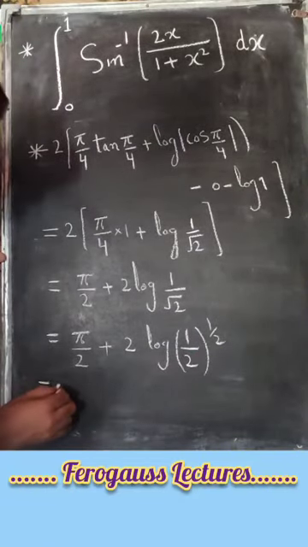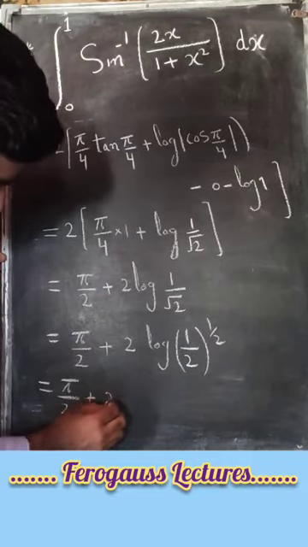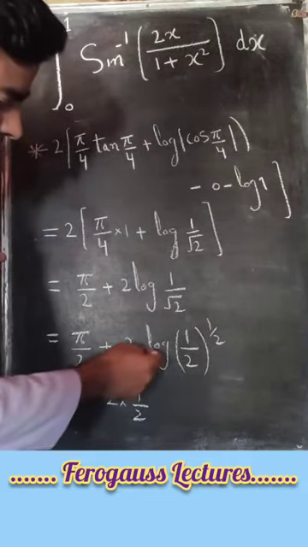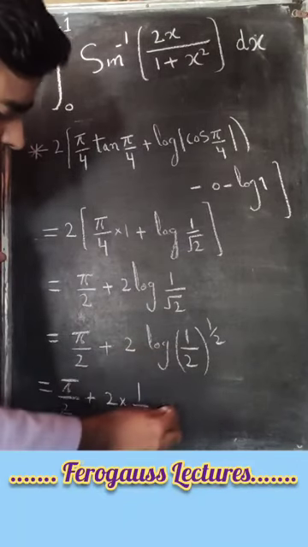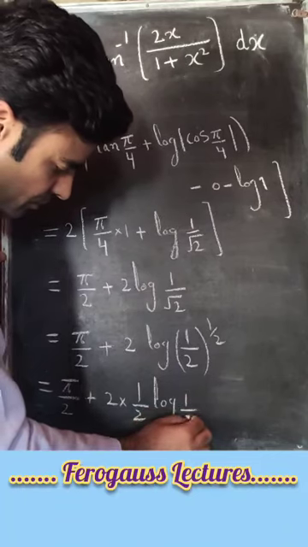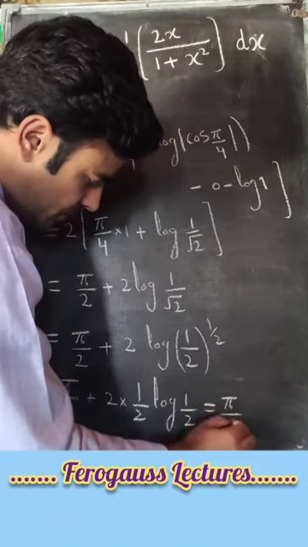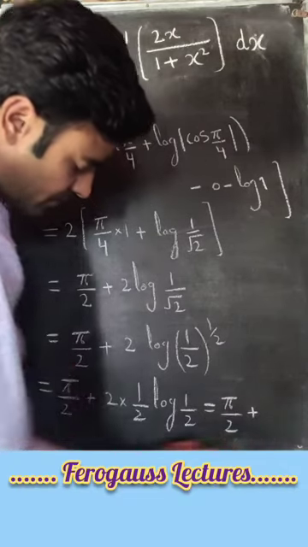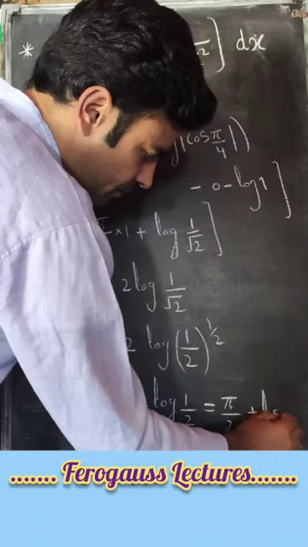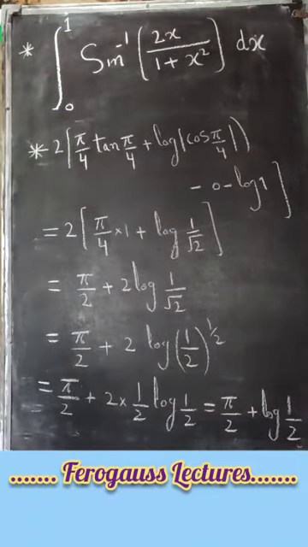That is further equal, it is pi by 2 plus 2 into 1 by 2, it's log of m raised power n, that is n log m, is 1 by 2. And that is equal to pi by 2 plus 2 by 2 is 1, so we get log of 1 by 2. That completes the question.